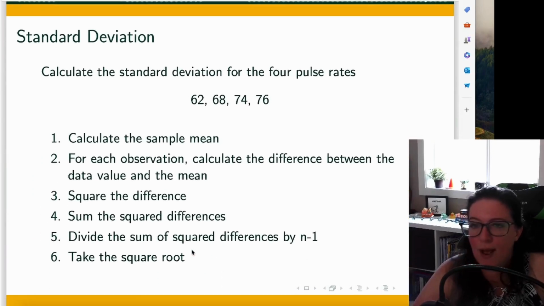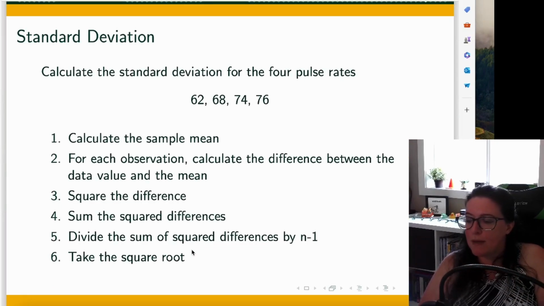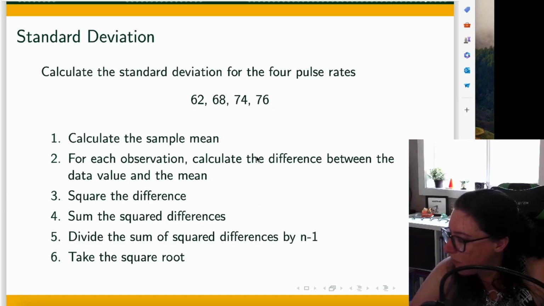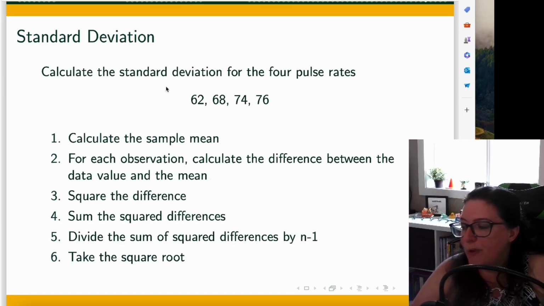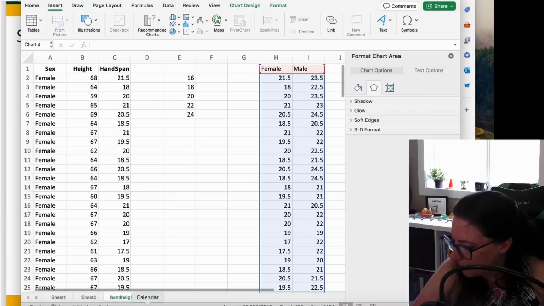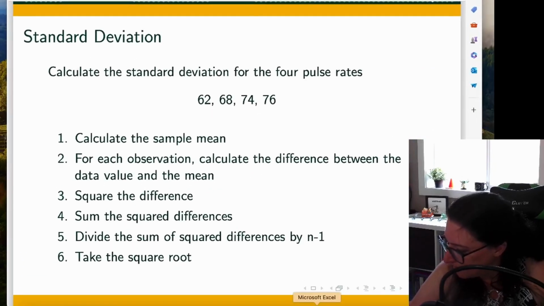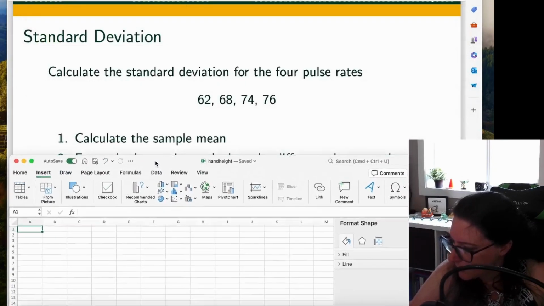So let's suppose we have these particular numbers: 62, 68, 74, and 76. To calculate the sample mean, that'd be the first step. We find the average of those four numbers. Then we find the difference from them. So let's pull our Excel back up here.